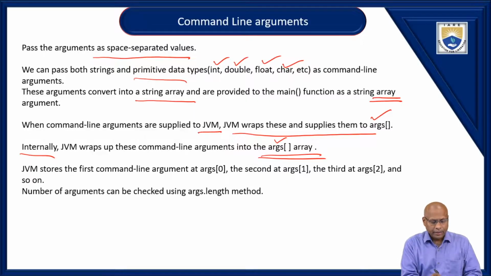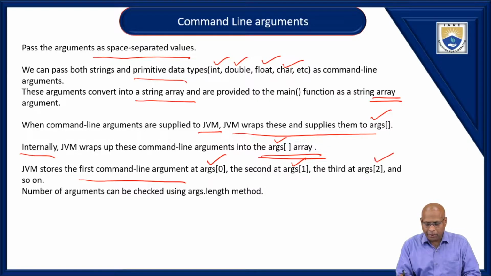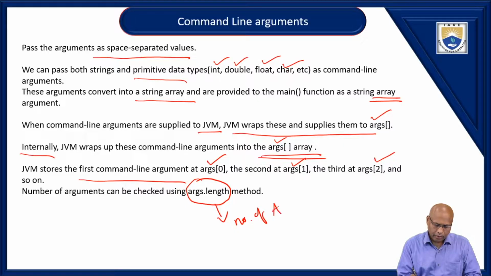The JVM stores the first command line argument in args[0], the second in args[1], the third in args[2], and so on, in order up to the last. Then how will you know how many arguments you passed? For that there is the length attribute. The name of the array dot length gives you the number of arguments.